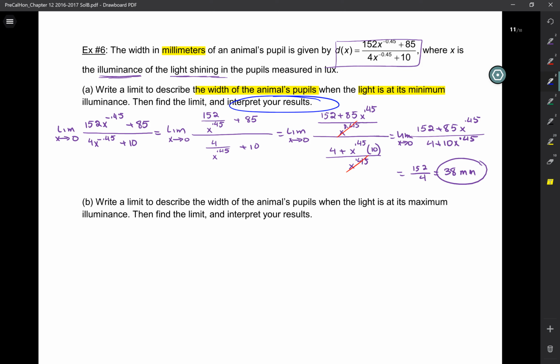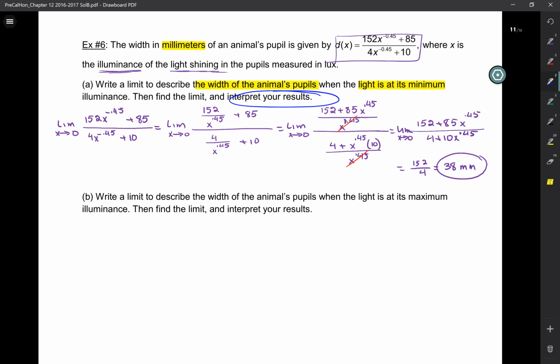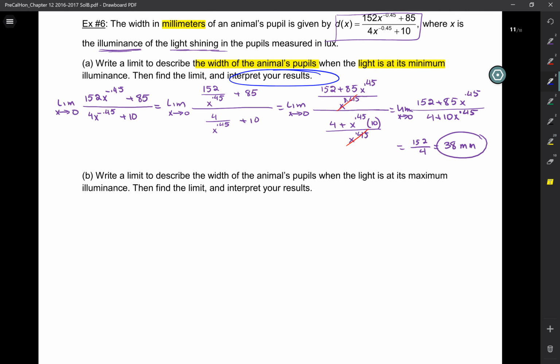So as the light is dimmed and it approaches 0, the width of the pupil approaches 38 millimeters. Okay? This is what I got. Well, we don't know what kind of animal, but it's not for a human.